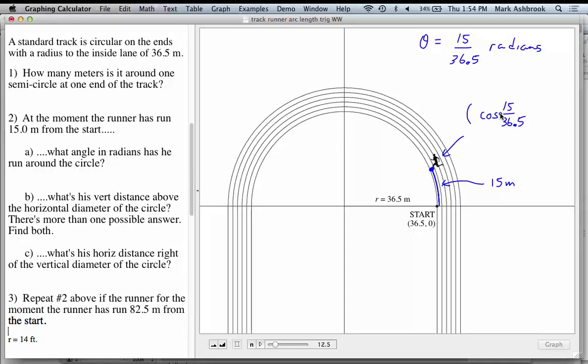Okay. And what is that? Cosine of 15 over 36.5, you're going to get a number. Can you explain what that number would be? That number would be the fraction of the radius length. Good. He said it's a fraction of a radius that he is to the right of the vertical diameter. Well said.